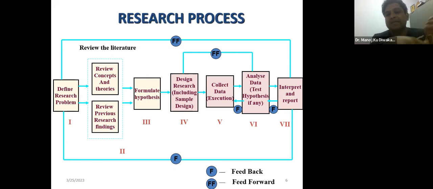Then you will formulate the hypothesis. As you are linking with statistical tests or statistical analysis, you must have some hypothesis, so you need to formulate your hypothesis. And then you will talk about the research design.